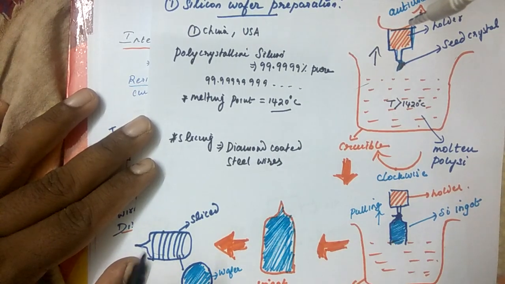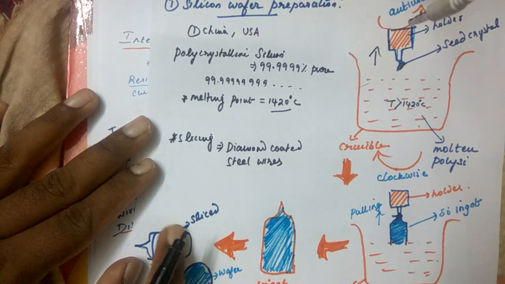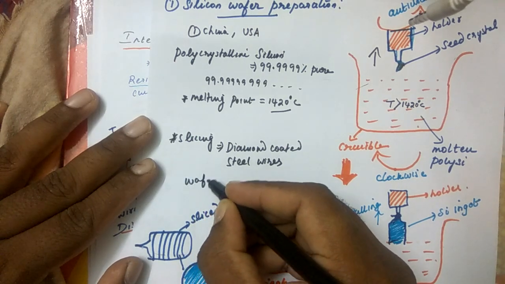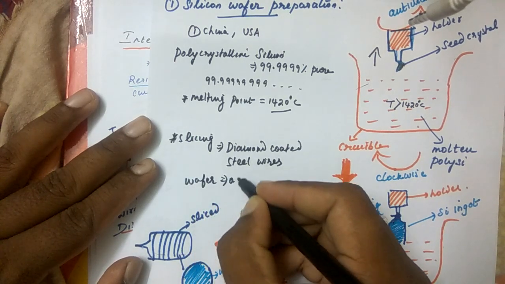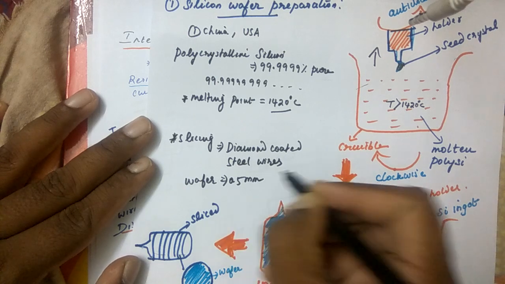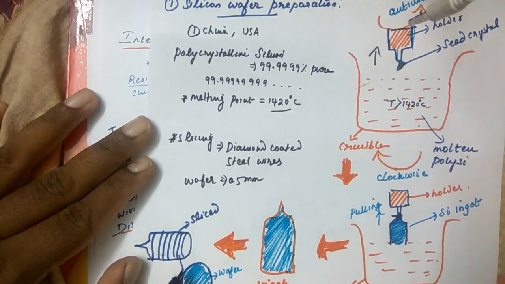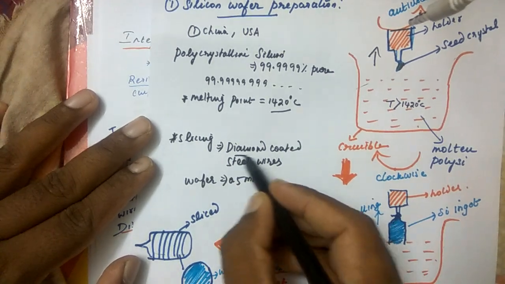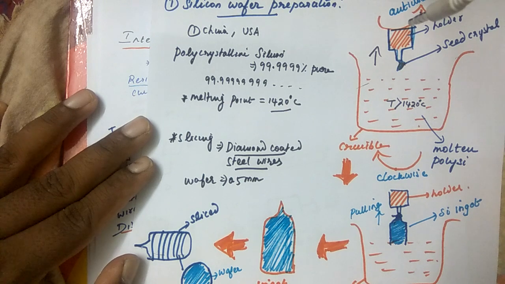So these ingots are sliced as thin wafers. Typically the wafer thickness is 0.5 mm. So the wafer is sliced by diamond coated steel wires.